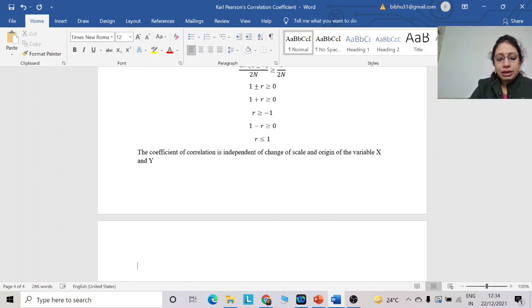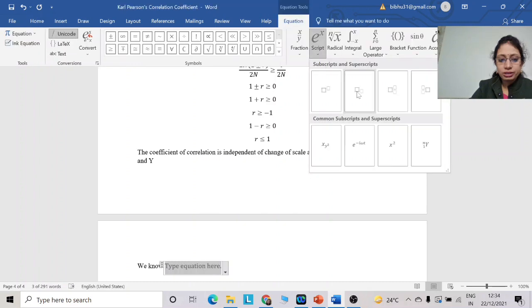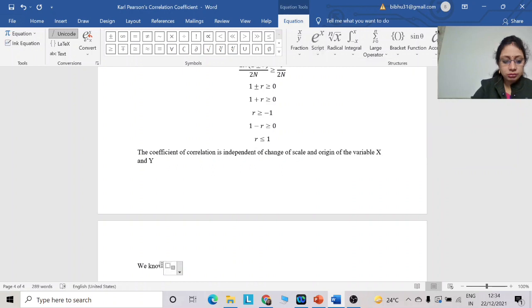We know the value of correlation coefficient can be written as rxy.